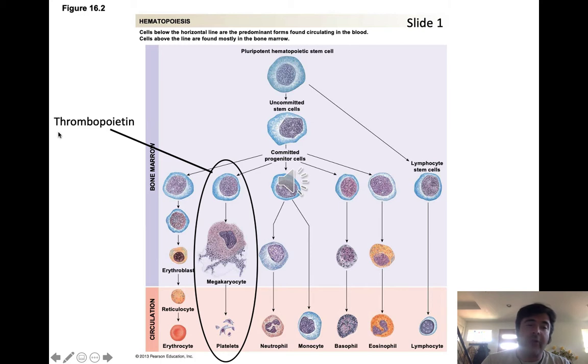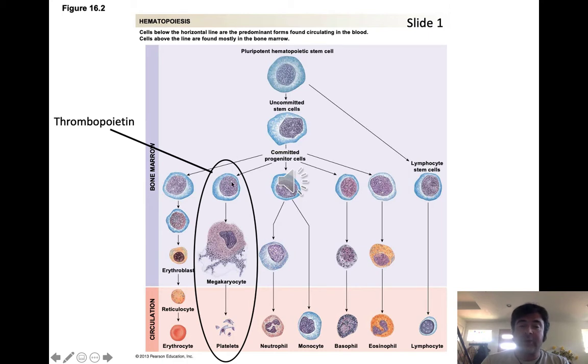The final factor we're going to talk about is called thrombopoietin, or TPO. Thrombopoietin is produced by the liver, and it travels through the bloodstream to red bone marrow, where it binds to these hematopoietic stem cells, and it triggers the pathway of thrombopoiesis, the formation of platelets.